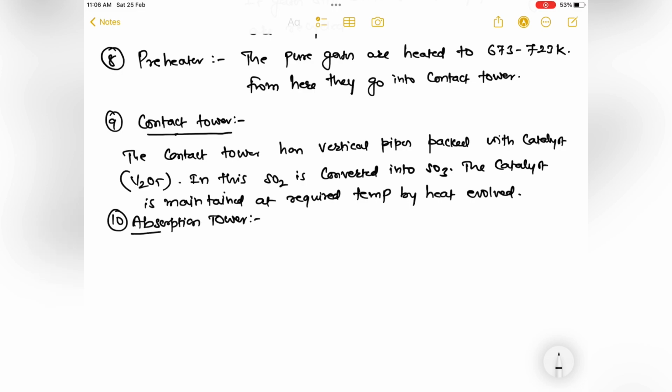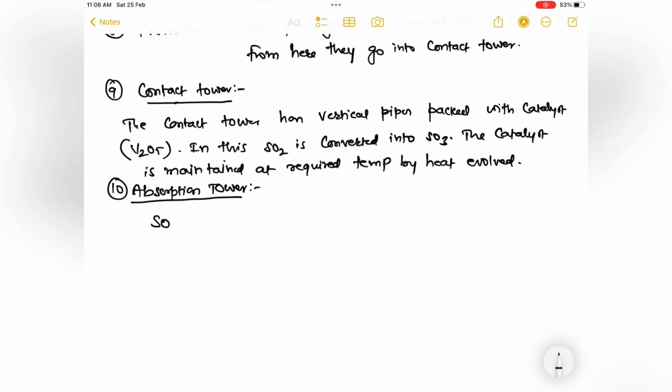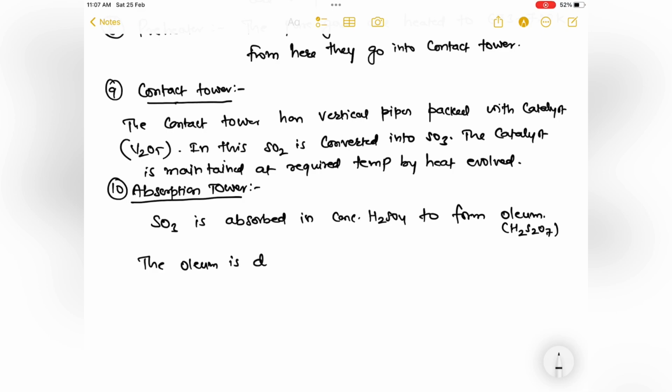And 10th one is the absorption tower. SO3 gas obtained in the previous tower is absorbed in the absorption tower with concentrated sulfuric acid, which forms the oleum, that is H2S2O7.